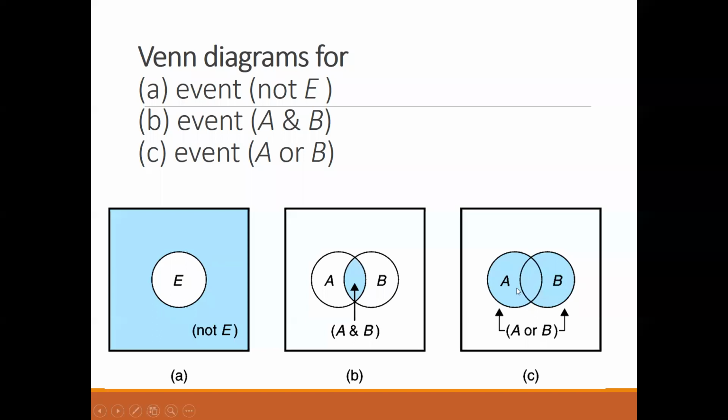And the third one is your OR, where it includes A, B and the common part. So we are considering all three parts of the event.